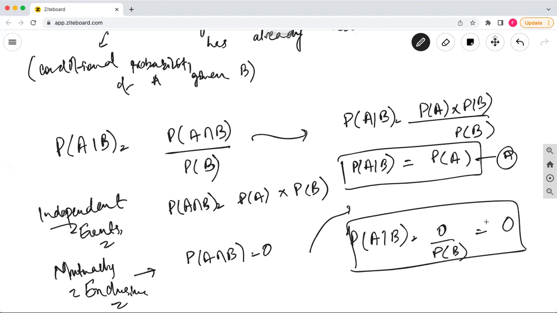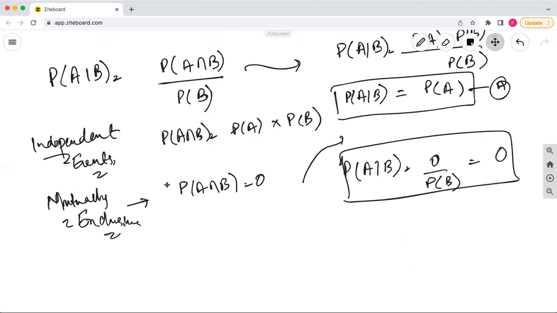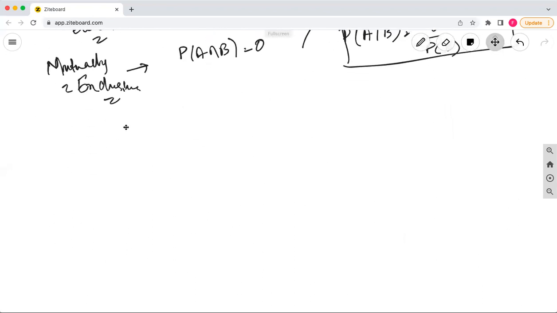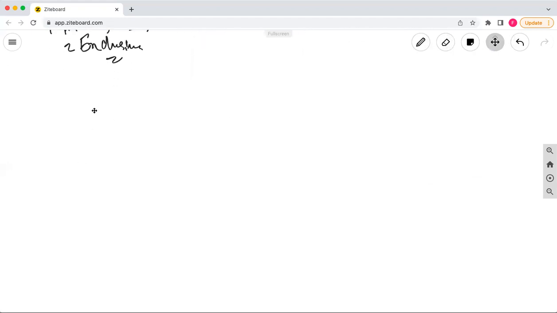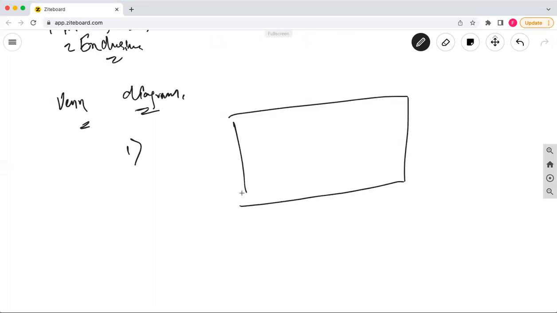So the first scenario is for the independent events, and the second scenario is for the mutually exclusive events. And to understand this, let's see this using a Venn diagram. Let's consider a first case in which these are non-mutually exclusive events.